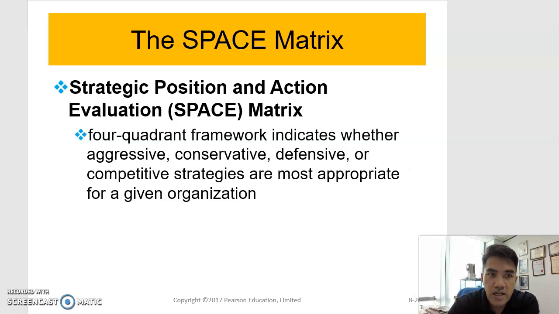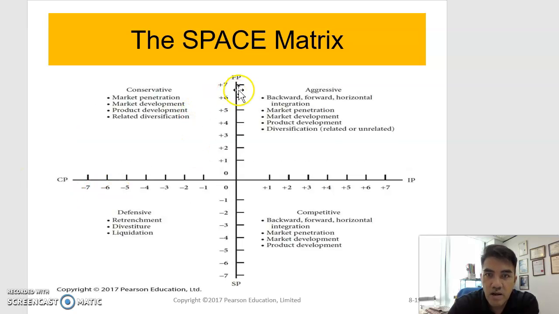As you can see, there are 4 different quadrants. There are 2 axes with 4 different elements. The FP, financial position, whether the company has a good or strong financial position. Then we have the SP, the stability position, and the IP, the industry position, and then the CP, the competitive position, how competitive they are.